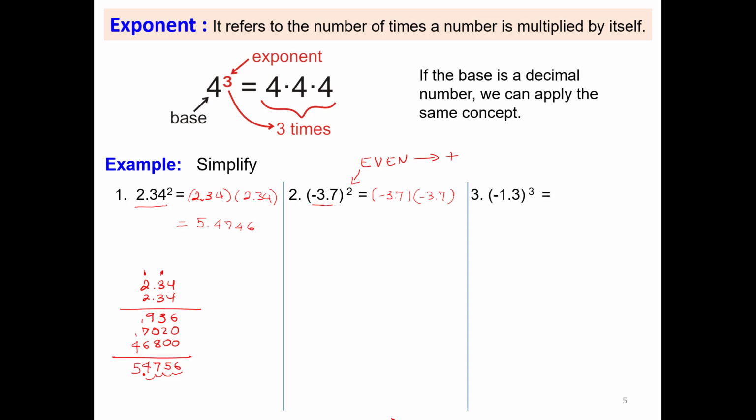If we multiply negative times negative, the product is positive. If you remember the rule, you can apply it, but if not, just multiply the numbers and you will get the right sign for the answer. Negative times negative is positive. Then let's multiply to get the product: 3.7 times 3.